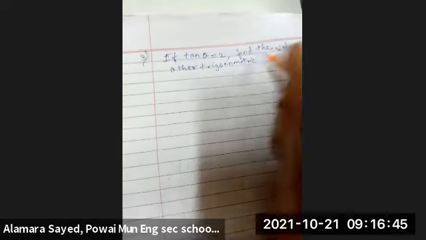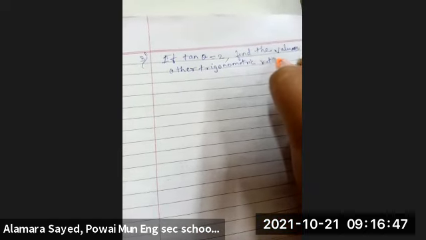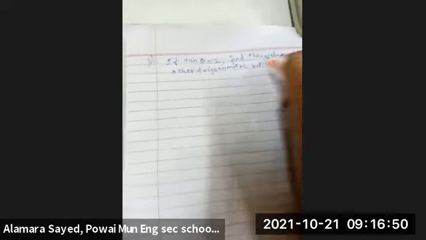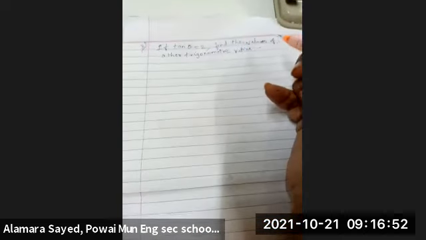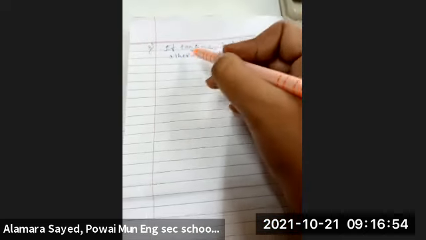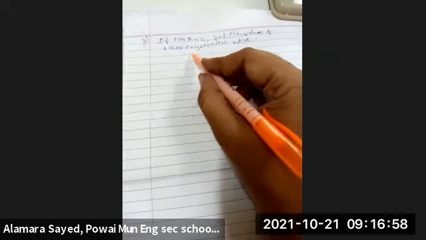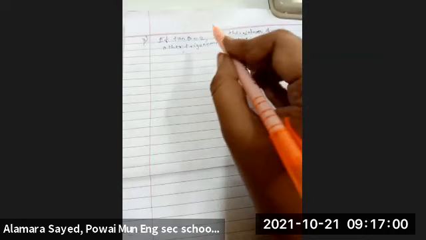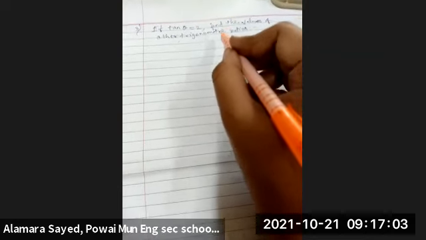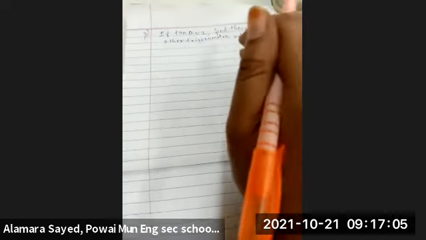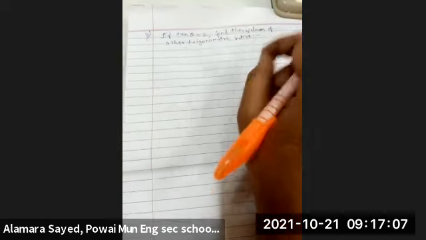Okay. So now in this question, if tan theta is equal to 2, then find the values of other trigonometric ratios. This is given here. Now we are having one value of tan, that is 2.